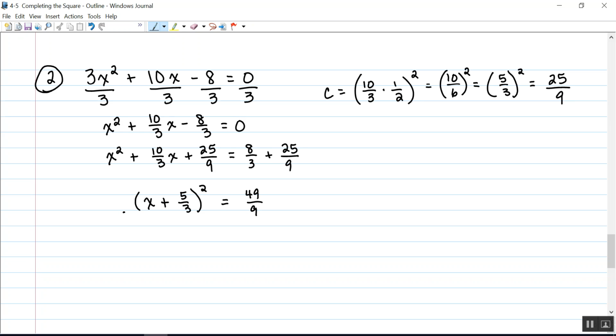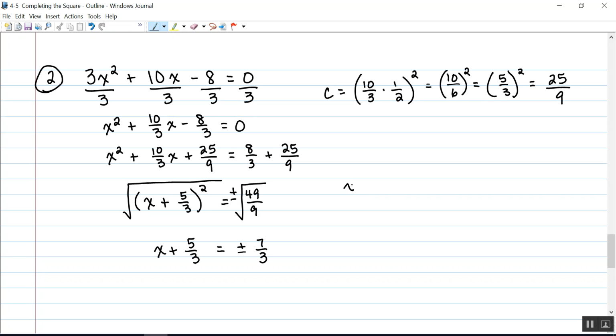Now I take the square root of each side, and now you can see why I wanted you to leave it as a fraction. So now I have x plus 5 thirds equals plus or minus the square root of 49 over 9, which is 7 thirds.